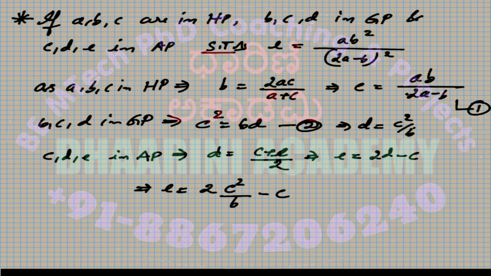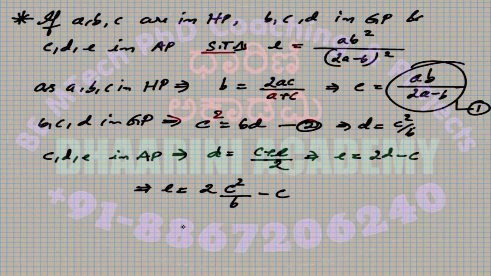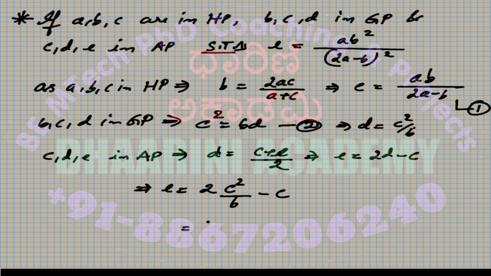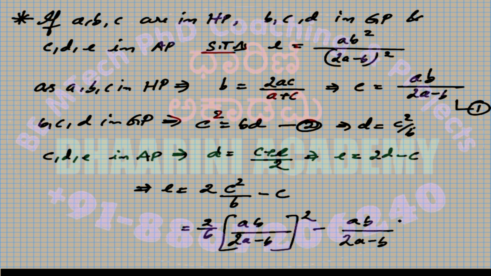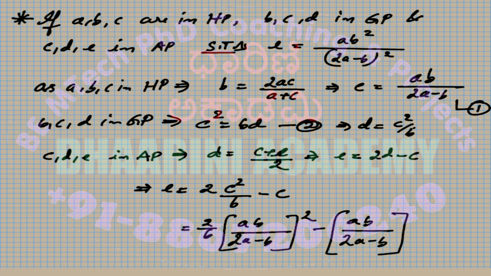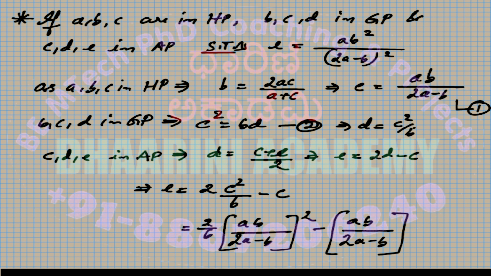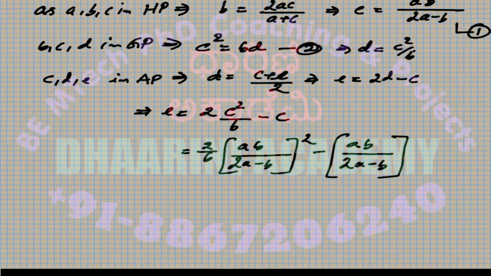Next I substitute for C from this part. So E is equal to 2 by B outside, then C square, C square is AB by 2A minus B whole square, minus C, so that is AB by 2A minus B. Let us try to simplify.